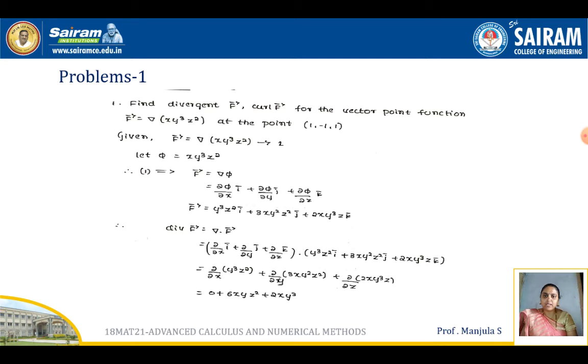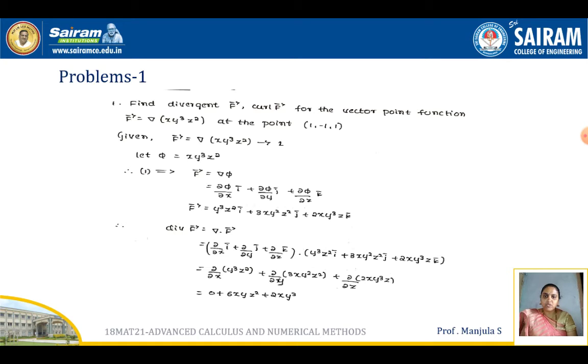Here, inside the grad, the function they have given, you take that function as phi, that is phi equals x y cube z square. Now you find the gradient of phi, or grad phi. We already know the formula of grad phi: del phi is nothing but dou phi by dou x i plus dou phi by dou y j plus dou phi by dou z k.